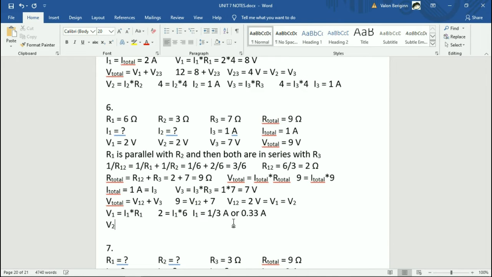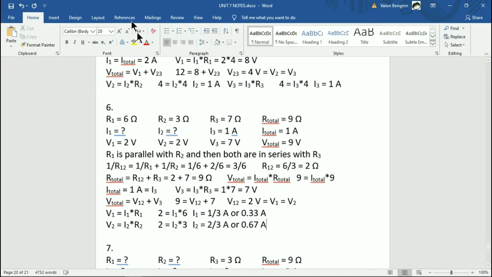And V2 equals I2 times R2. So 2 equals I2 times 3. So I2 equals 2/3, or 0.67 amps.